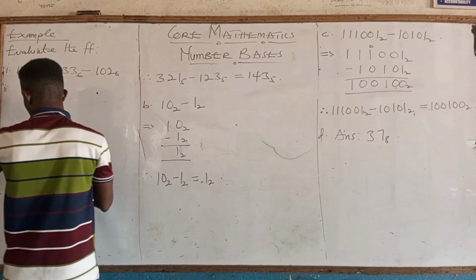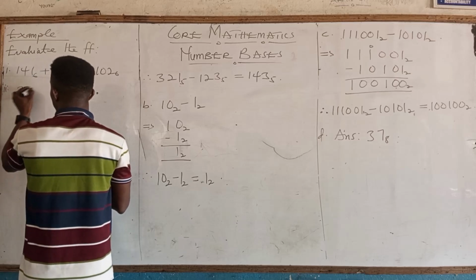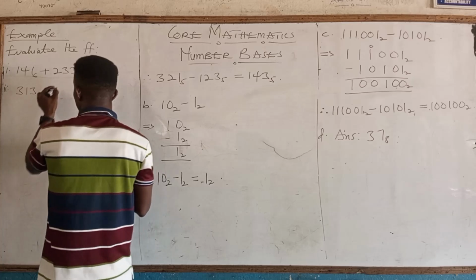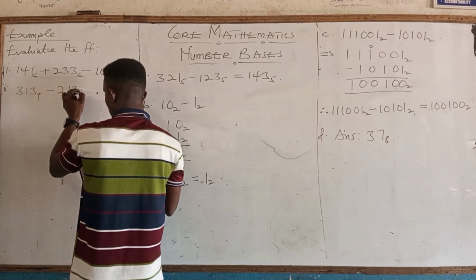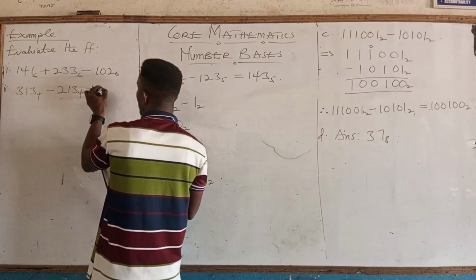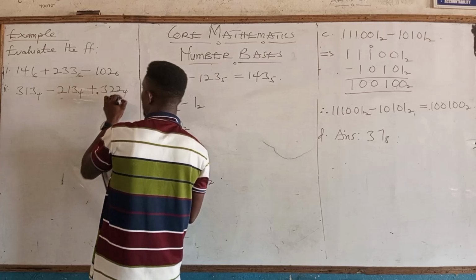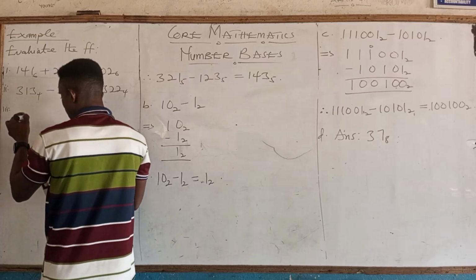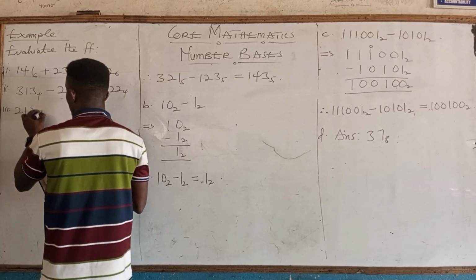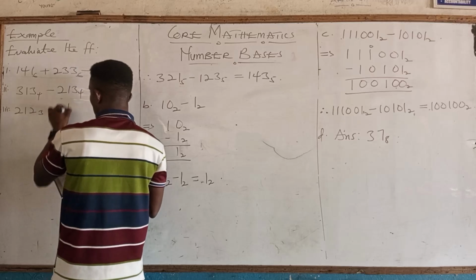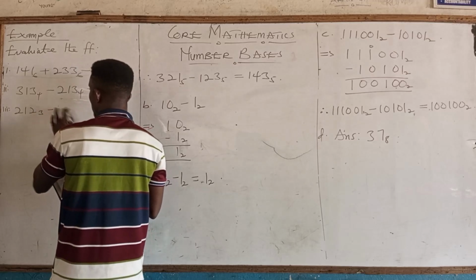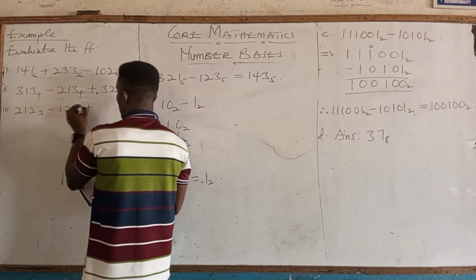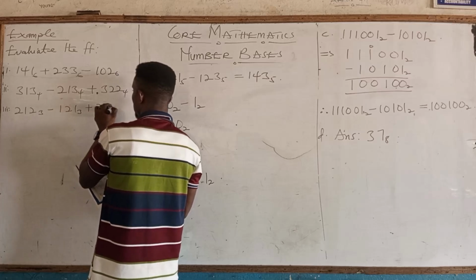II: 313 base 4 minus 213 base 4 plus 322 base 4. III: 212 base 3 minus 121 base 3 plus 222 base 3.